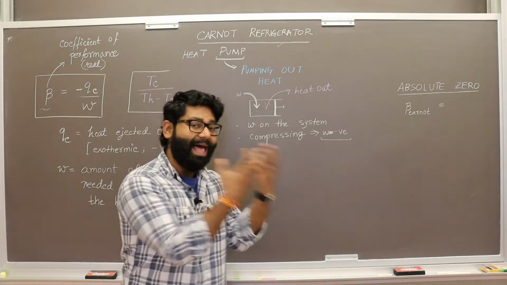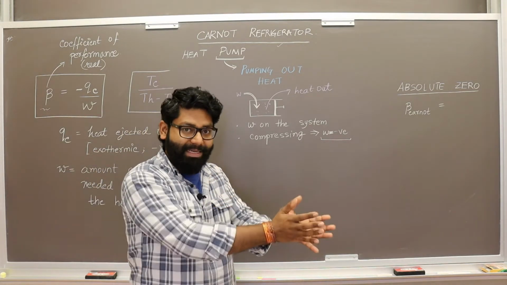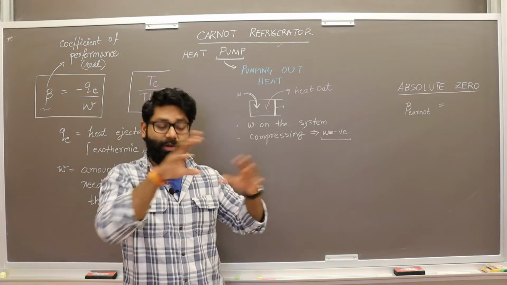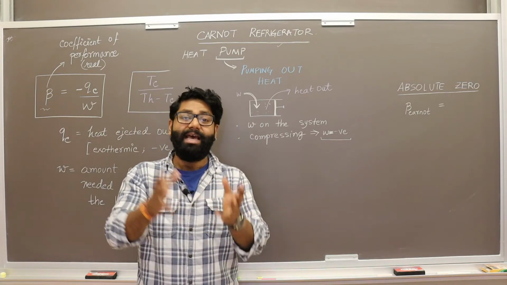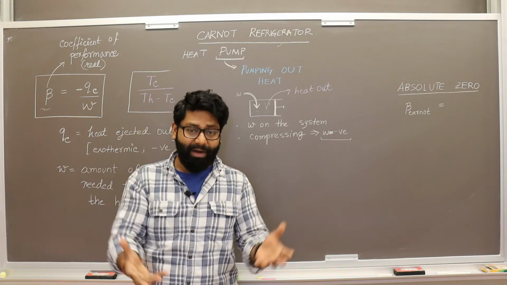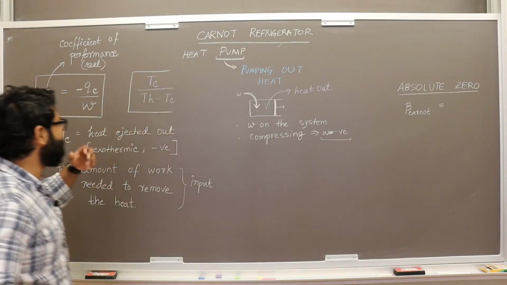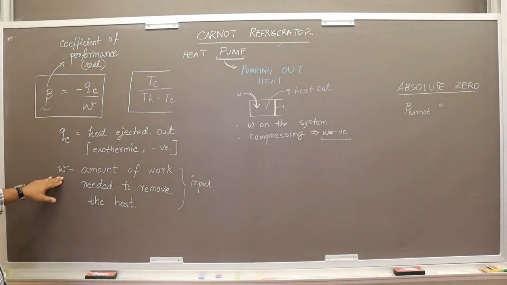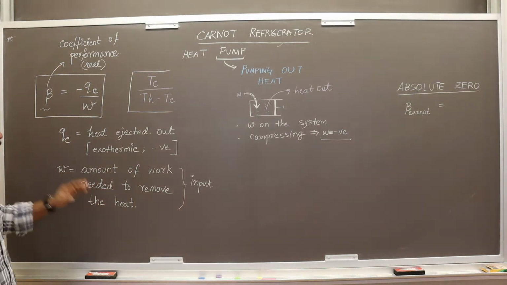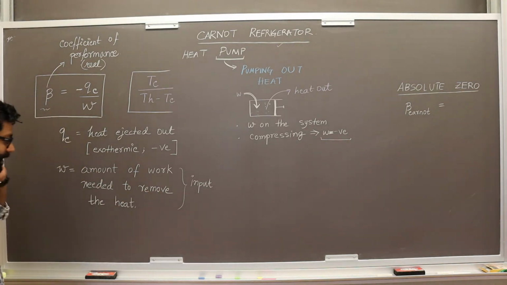So what you were supplying was the heat, and what the machine was supplying back was the work. But in this case, the case is reversed. Here, you are doing work. So this is the input. W is the amount of work that you are doing.